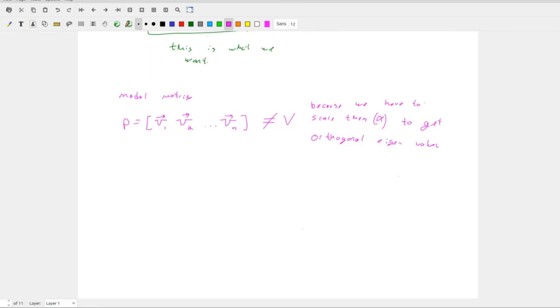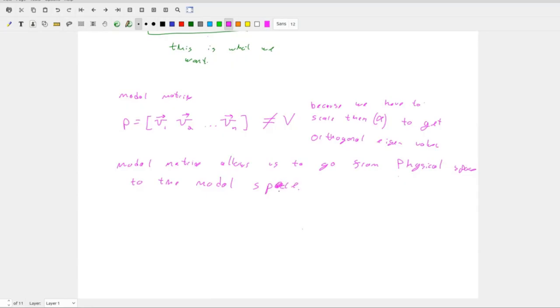A modal matrix allows us to go from the physical space to the modal space, right?